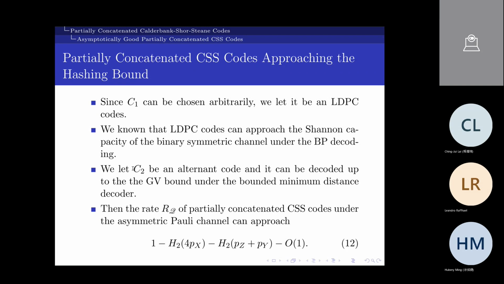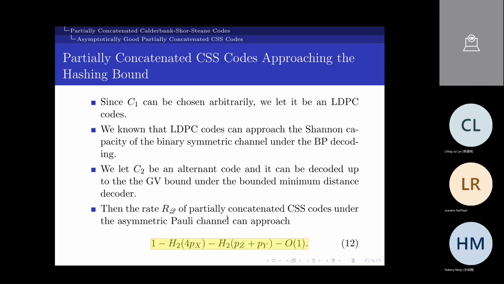And also, we let C2 be an alternate code, and it can be decoded up to the GV bound under the bounded minimum distance decoder. Then the rate of the partially concatenated CSS codes under the asymmetric Pauli channel can approach the bound in this equation.